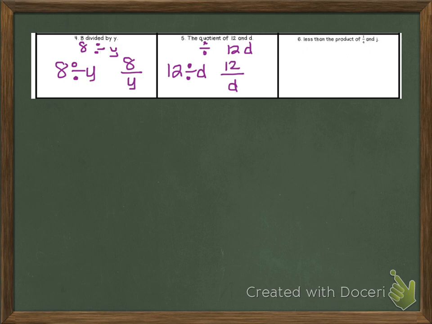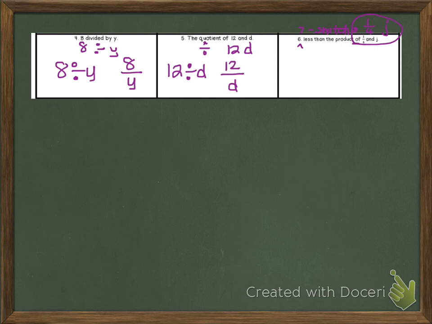Okay, so here it looks like I thought I already wrote a number for this. So we're going to put the number 7 here, okay? So 7 less than the product of 1/4 and J. So remember, "than" means to switch, so this actually goes first.